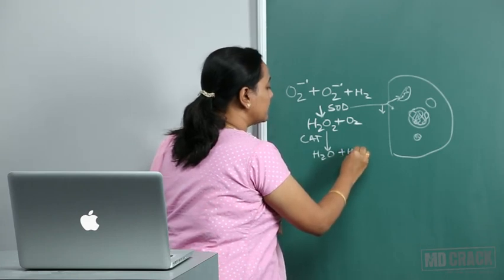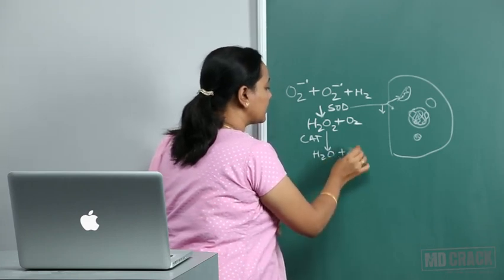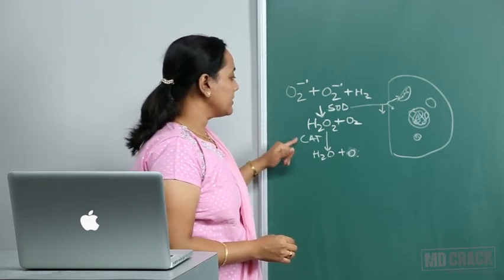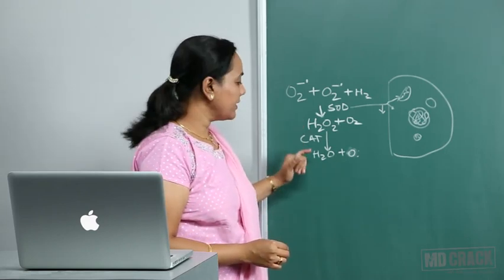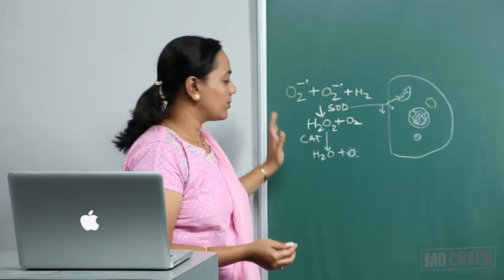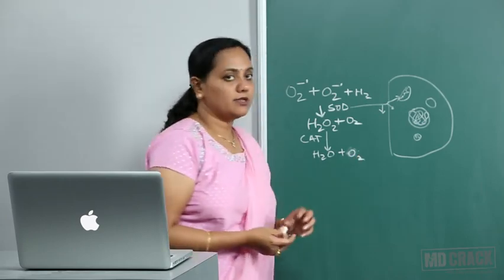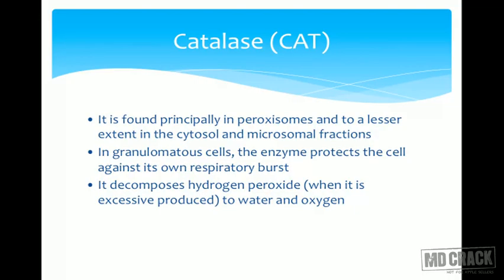Again, I have not balanced the reaction. Please don't bother about it. What is important is its action. Catalase acts on hydrogen peroxide and converts it into a non-radical product like water or oxygen. That is important, catalase. It decomposes hydrogen peroxide to water and oxygen.